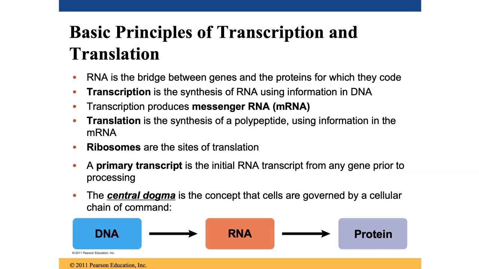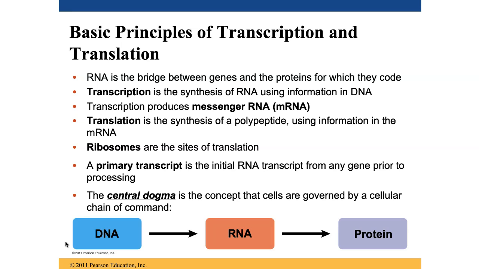So let's just cover the basics, some of those words that I was just using: transcription, translation, mRNA. So this schematic that you see down here, DNA goes to RNA, goes to protein. This is called central dogma, the central dogma of molecular science. And it's the concept that cells are governed by a cellular chain of command in that particular order.